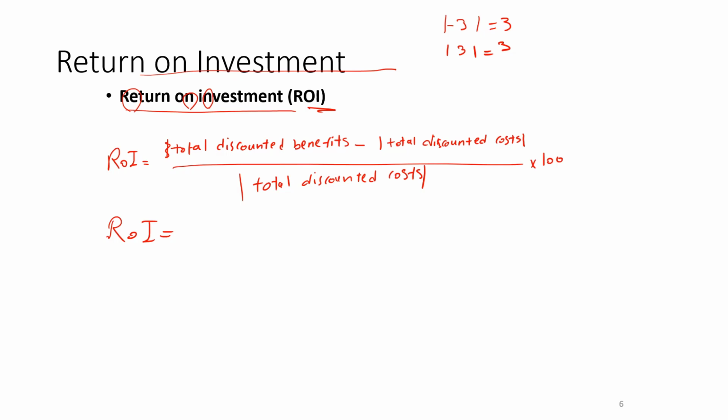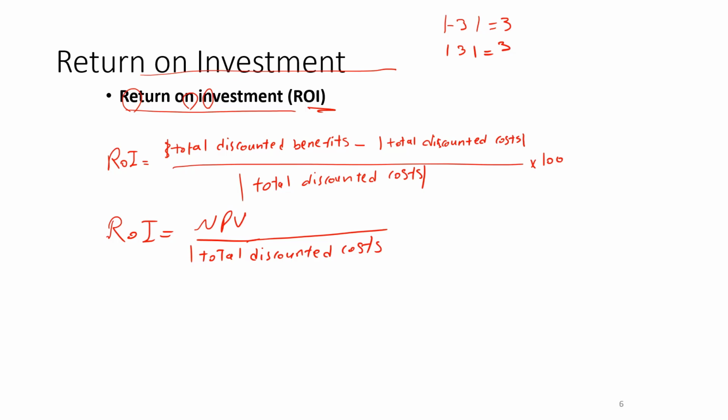So ROI can be written like this as well, NPV over total discounted costs. So you can use these equations for calculating ROI.